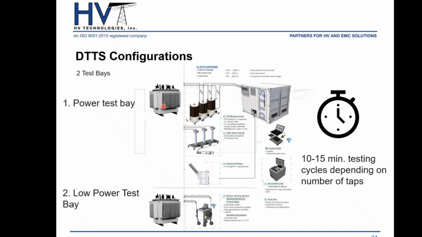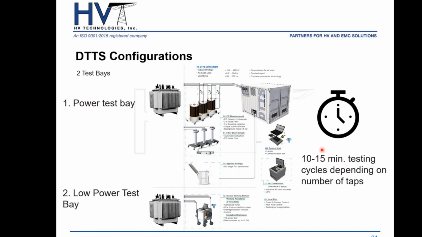For example, with the two test bay configuration, you can be running on one transformer your induced, no load and load loss tests with partial discharge, and at the same time on another you can run your low power test, and then you swap them out. With a two bay configuration, testing cycles can be anywhere between 10 to 15 minutes, obviously depending on the transformer design and how many taps it has.